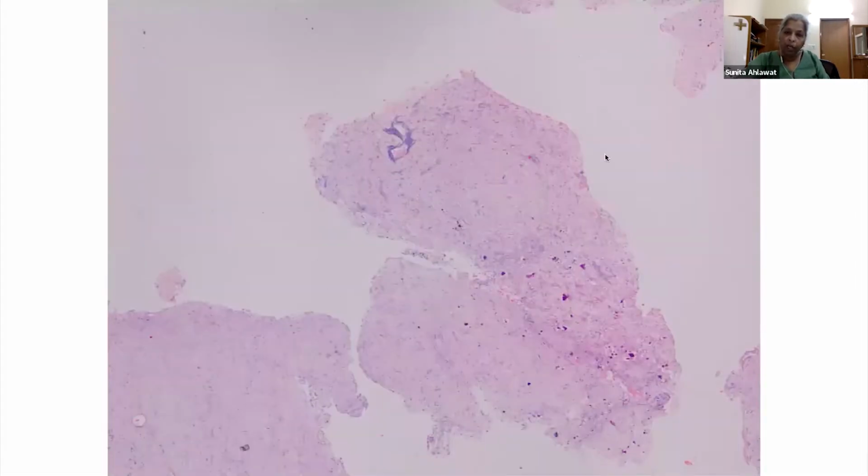In CNS tumors, we usually get multiple bits. We don't get en bloc resections. In this, at this power, you can make out that there are blood vessels which are surrounded by lymphocytes, and there are foci of calcification.